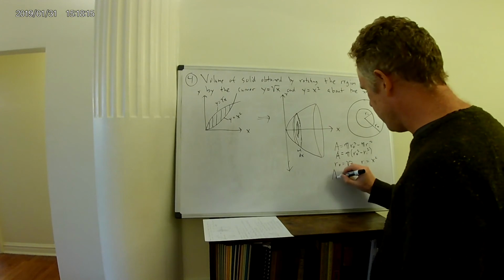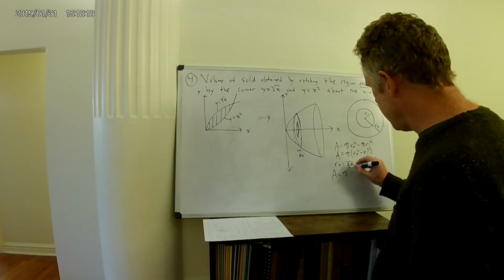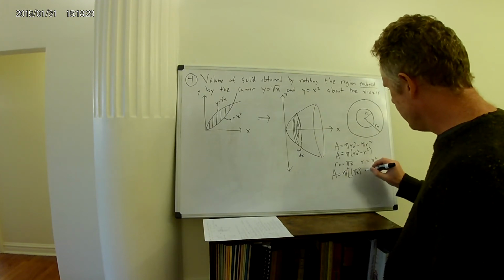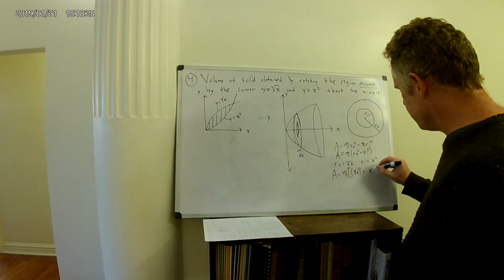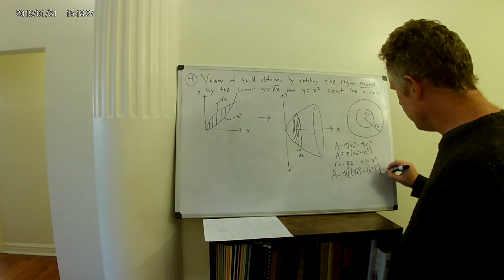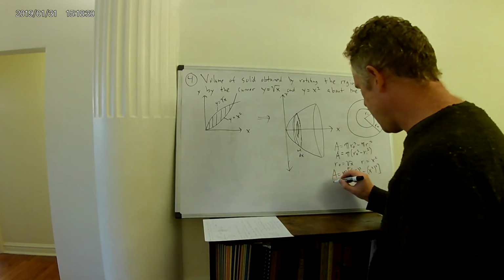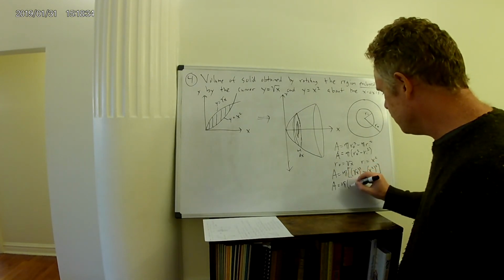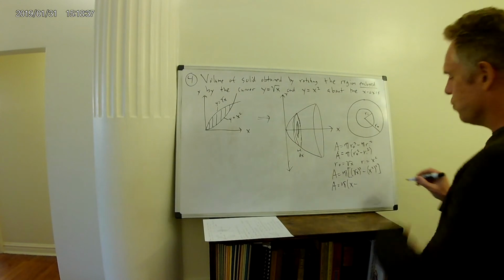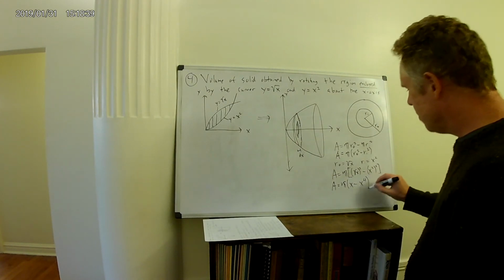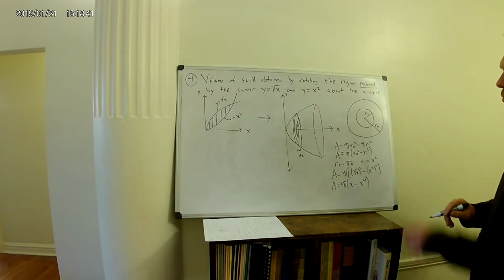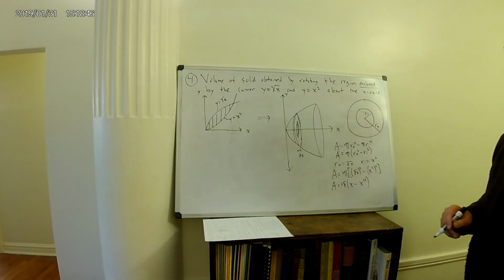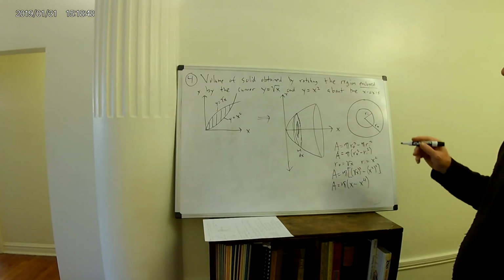Okay, and now the area will be equal to pi times the outer radius, square root of x, squared, minus the inner radius, which is x squared, squared. Okay, that's what we get. And if we simplify this, square root of x squared is simply x. So this is pi times x, and x squared squared is x to the fourth. So the area of this washer for this solid object is equal to pi times (x minus x to the fourth). Okay, we're not done with the problem yet, but that's our area.